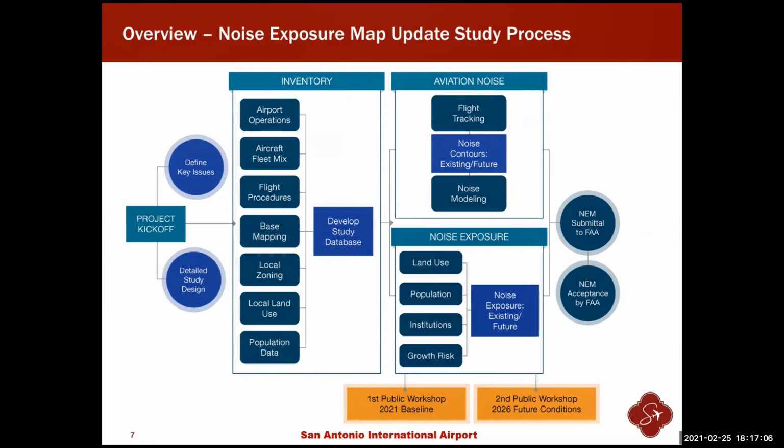Our most recent step was to analyze the population and land uses associated with these noise contours and document the findings in the NEM update report, which is available for review at the airport's Noise Office website. After stakeholder comments on the draft NEM report are reviewed and addressed, the final NEM update report will be sent to the FAA for acceptance.